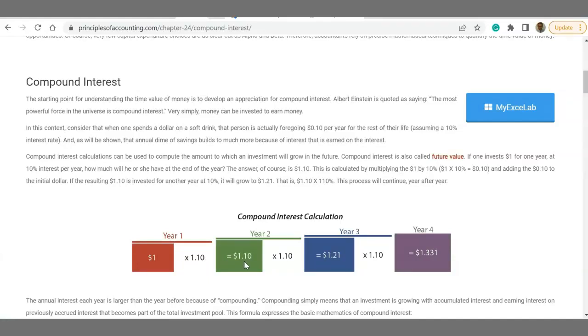And at the end of year two, you earn interest on $21. And that keeps going. So the interest is compounding and earning interest on the interest of your investment.